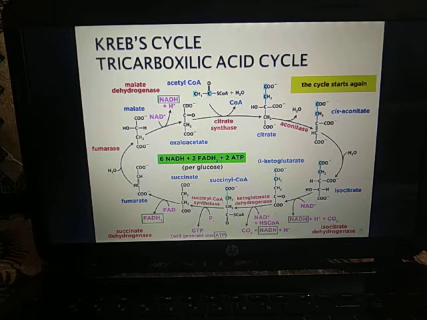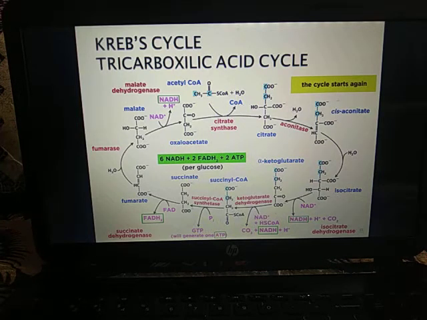Acetyl coenzyme A, that is 2 carbon compound, combined with oxaloacetate, that is 4 carbon compound, in presence of condensing enzyme, that is citrate synthase, and forms a tricarboxylic 6 carbon compound, and this is called citric acid.